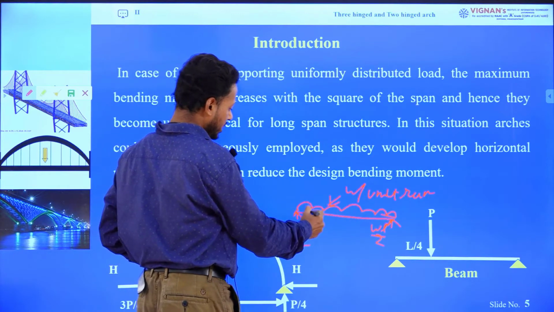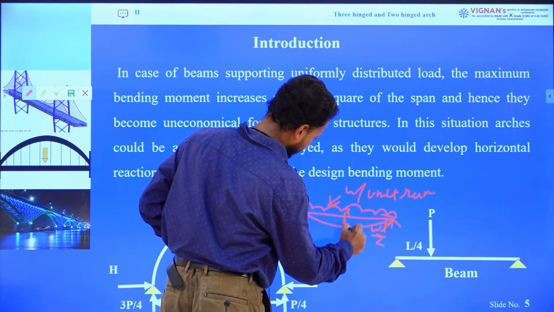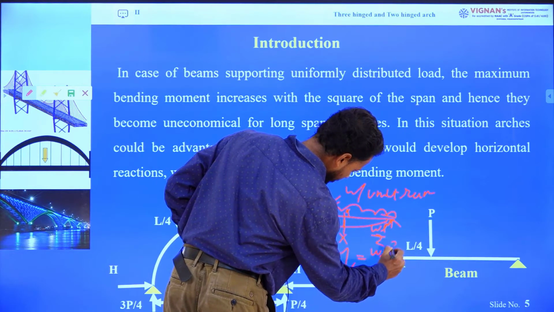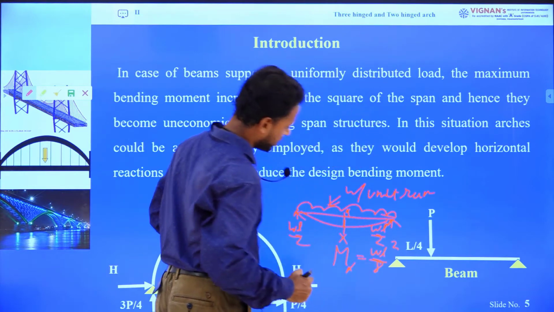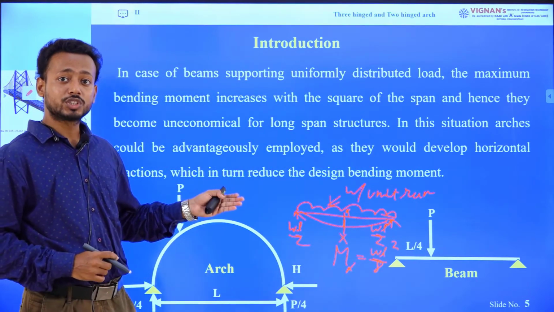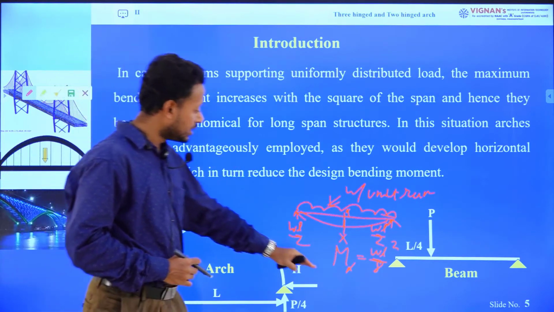The bending moment at the mid span will be WL squared by 8, right. So the bending moment WL squared by 8 is occurring at the mid span of the beam, which is very large.